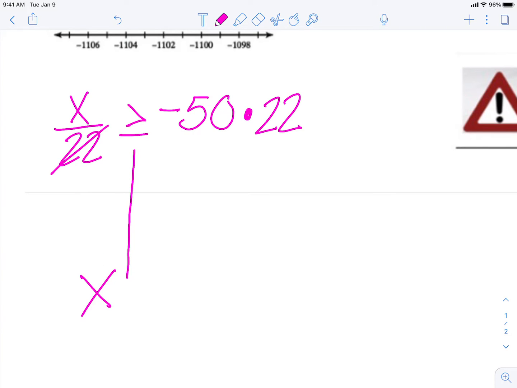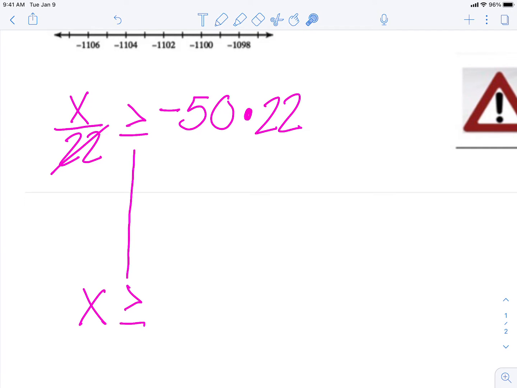Now, did I multiply by a negative here? Is this 22 negative? No. So that means this arrow is not going to flip. This arrow is going to stay just like that.